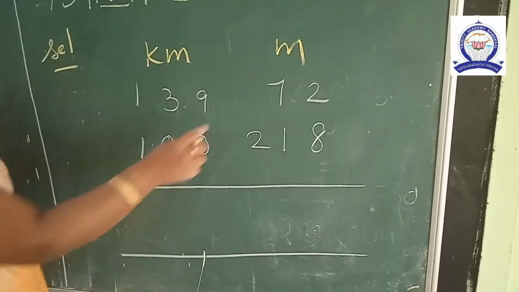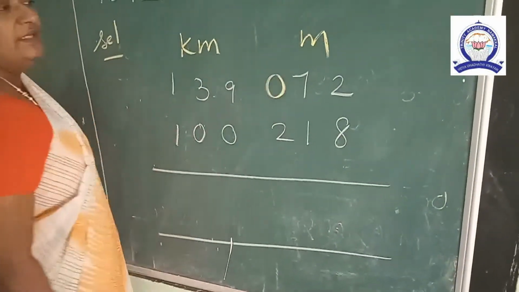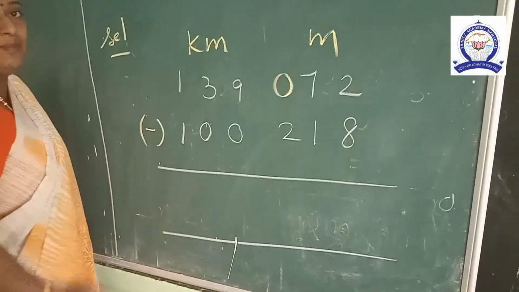Now, there are no digits here, so what you have to put? You have to put 0. Then write the subtraction symbol, minus.